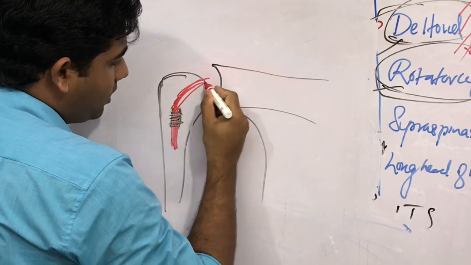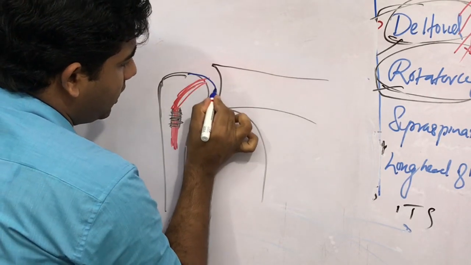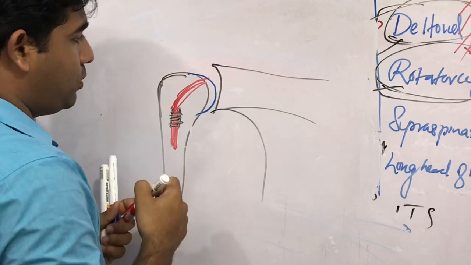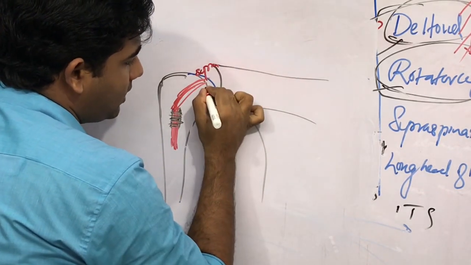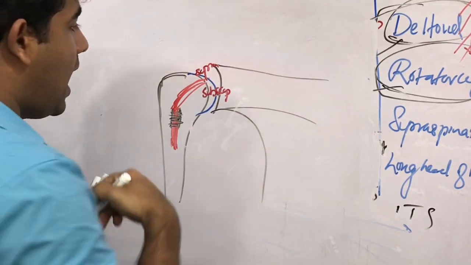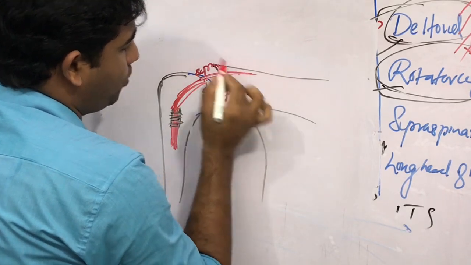It passes on like this, and here we have the capsule of the glenohumeral joint, in this direction. And what happens is that it pierces the capsule through an opening between the supraspinatus and the subscapularis. It pierces the capsule, and then goes to insert into the superior glenoid labrum and superior capsule.